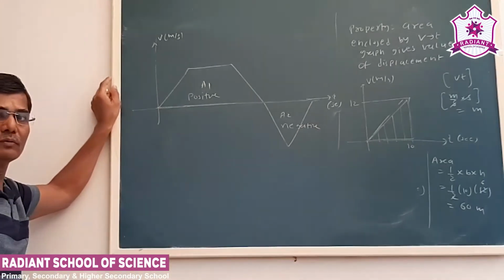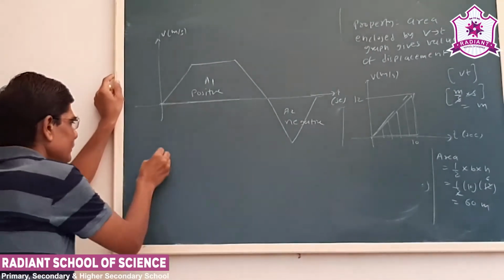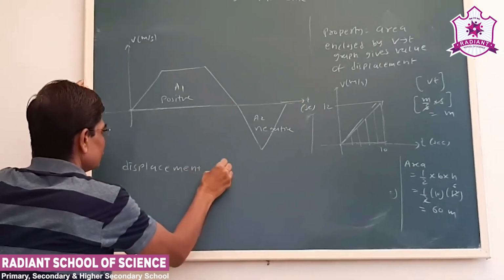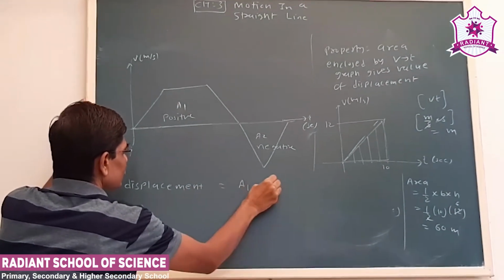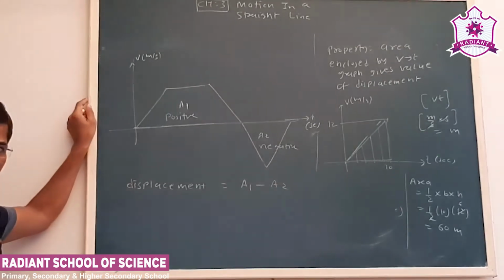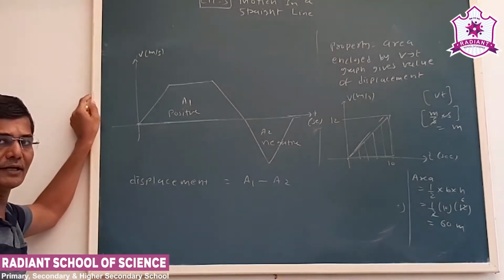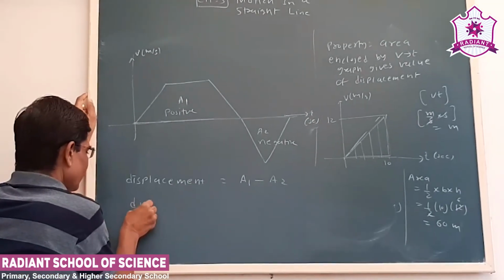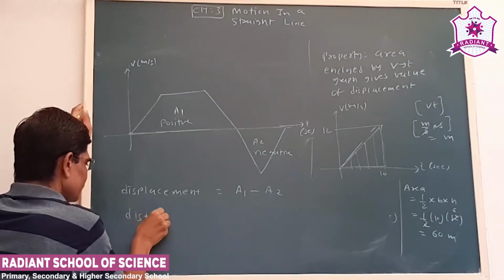So the displacement is A1 minus A2. But we have seen earlier that distance is always positive. So suppose we have to obtain the distance covered.